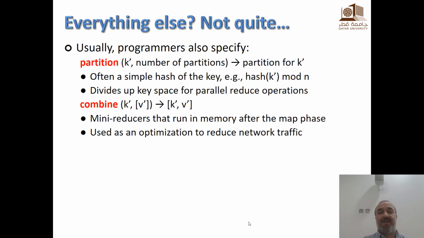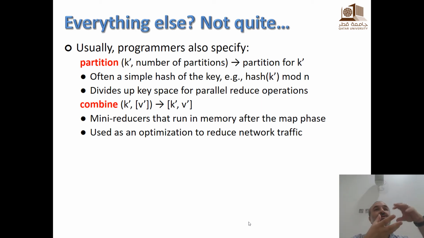Also, you can provide another function called combine. What does this combine do? Remember the local aggregation that we talked about? That we can do within the map function some local aggregation of the words so that we don't produce duplicate keys in the intermediate output. The combine function does something similar to that.